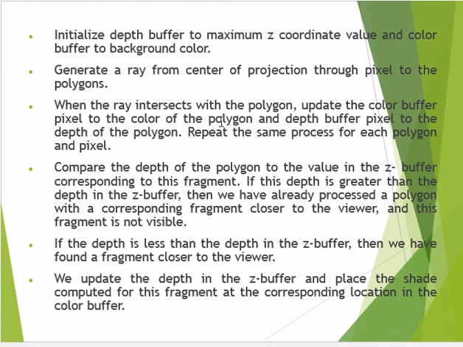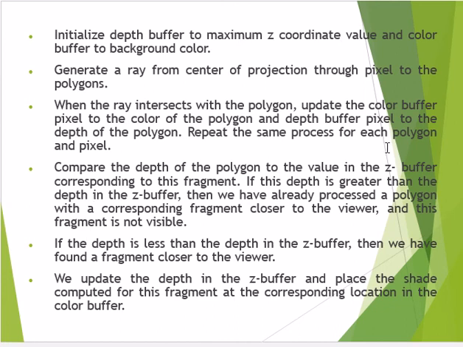When the ray intersects with the polygon, you update the color buffer pixel to the color of the polygon and the depth buffer pixel to the depth of the polygon. Then repeat the same process for each polygon and pixel. The next step is to compare the depth of the polygon to the value in the Z buffer corresponding to this fragment.